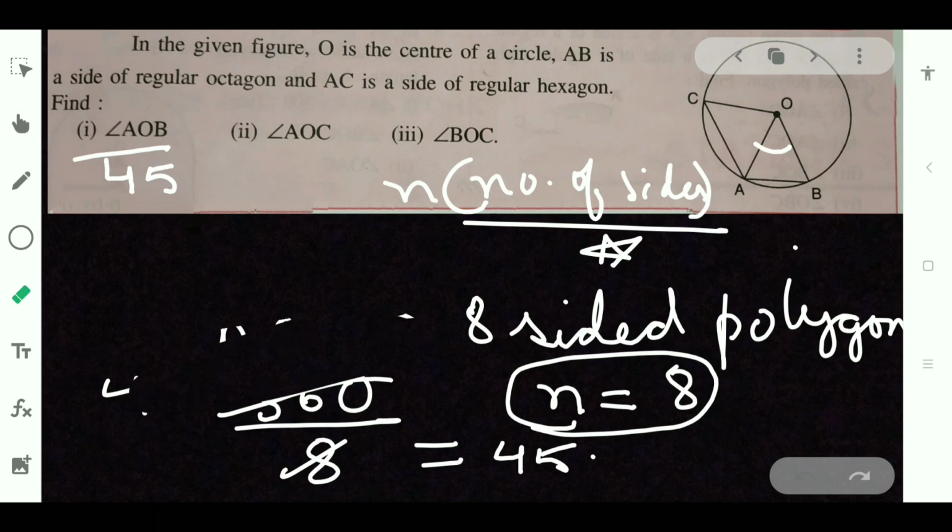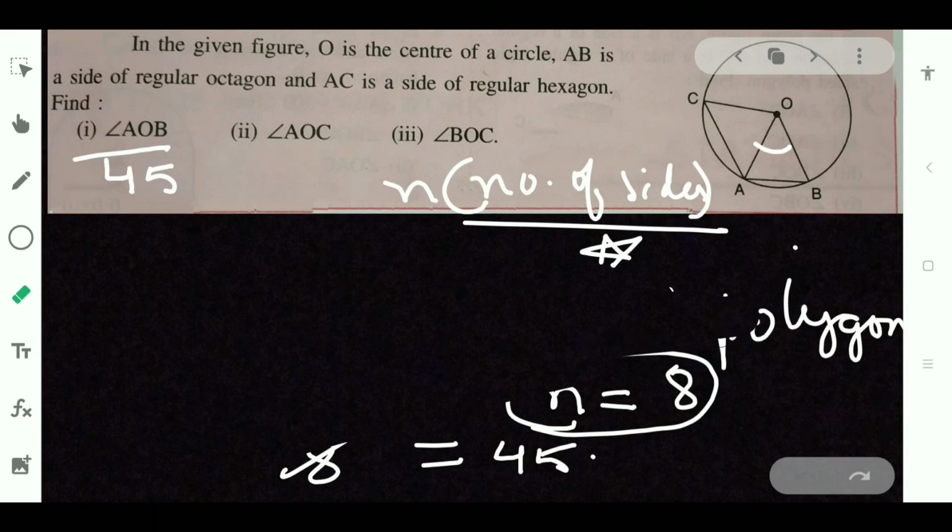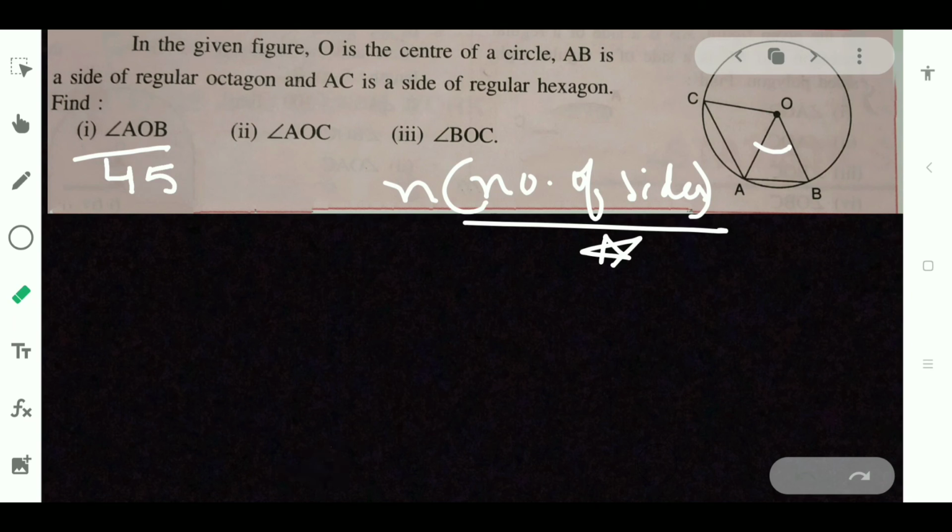Let us go on to the next one, angle AOC. Just have a look at the figure. It is a side of a regular hexagon. A regular hexagon is nothing but 6 sides. So n will be equal to 6 now.